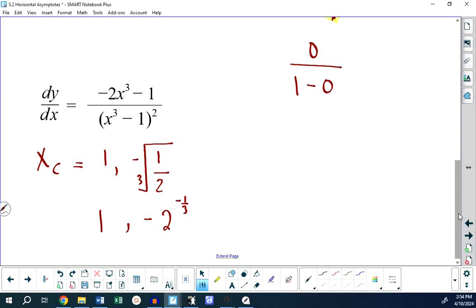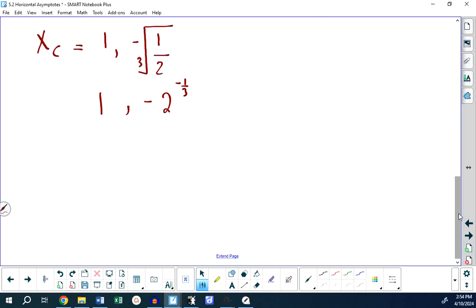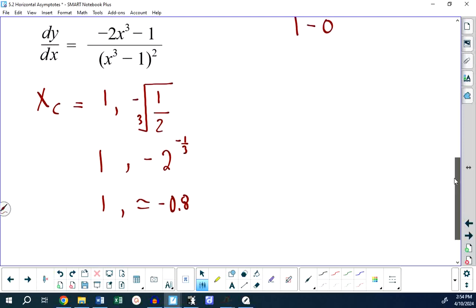Anybody else? So we'll just keep in mind that this critical number is, there's 1 and about negative 0.79. I'm just going to say 0.8. Okay, that's so that we know where to put it if it becomes important on our graph. What will our derivative chart be?